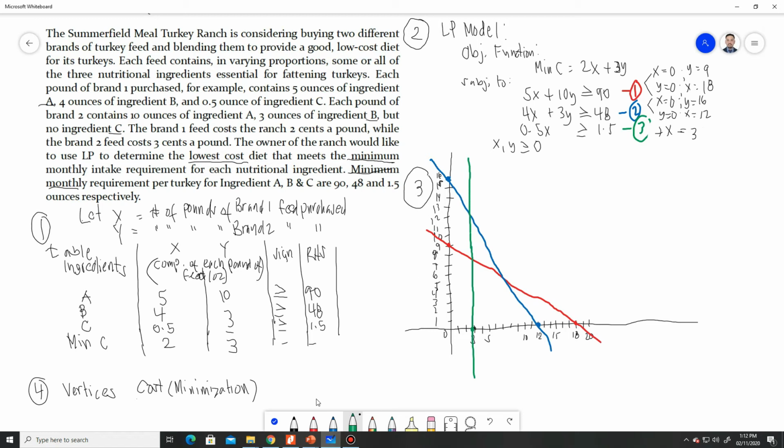Now, for the shading, since all of them are greater than or equal, the shading is upwards, so we shade upwards.